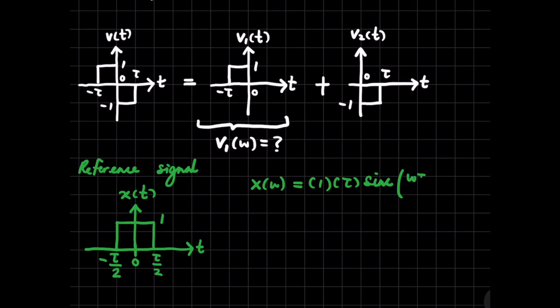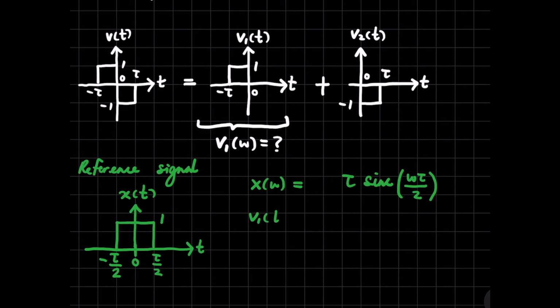Based on the reference signal x(t) with its parameter values, and the Fourier transform pairs, we can easily find X(omega), which is tau sinc omega tau over 2.